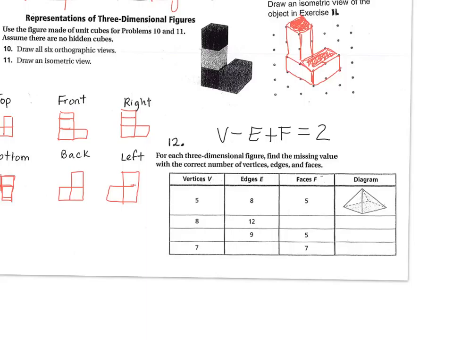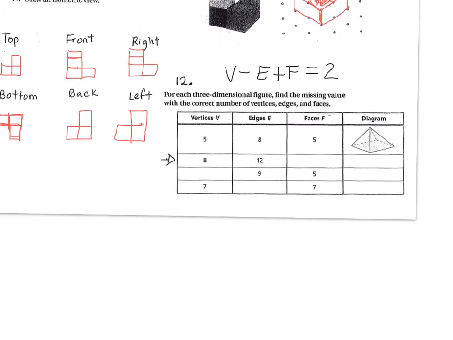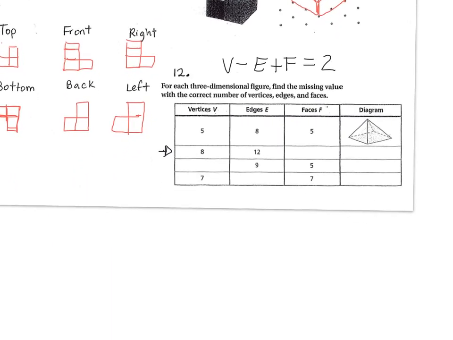So when I substitute the numbers, like for number 8, this one here, the vertices is 8, minus 12, plus the faces, and that equals 2.